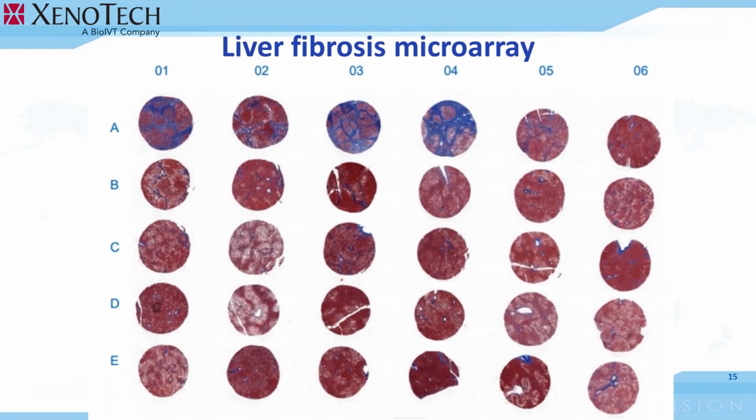The liver fibrosis array has 30 samples arranged left to right, top to bottom. Samples A1 to A4 have the highest grade of fibrosis, fibrosis stage 4. They are followed by examples of fibrosis stages 3 to 0. Samples without fibrosis can have steatosis. This can be observed, for example, on sample E6.